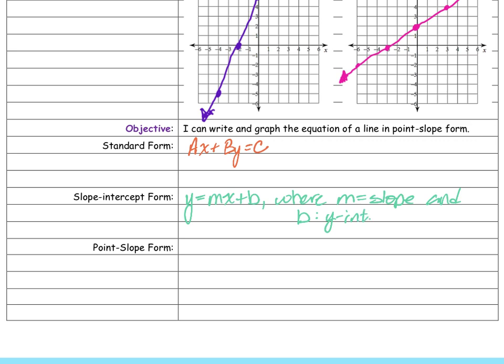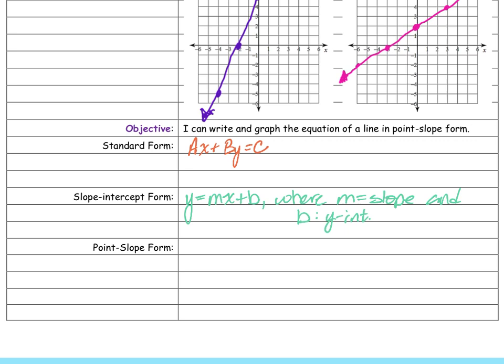Okay? Awesome. The new one we're learning today, well, you guys have learned it before, but we're going to review it today, and we're going to spend a lot of time on it today, is called point slope form. The nice thing about the names of these forms is it kind of tells you what you need for the equation. Slope intercept form, I need the slope and the intercept. Point slope form, I need a point and the slope.